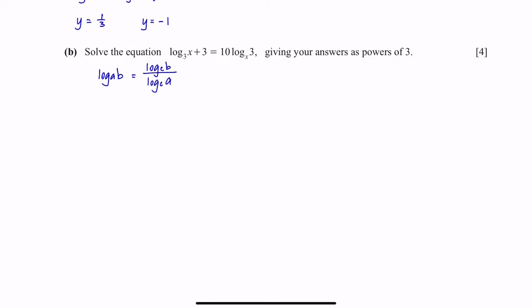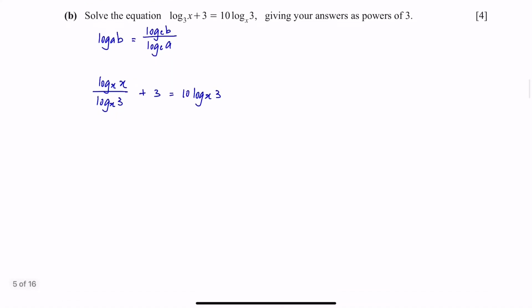Alright, so for this equation, let's change it to log base x. So we have log base x of x over log base x of 3 plus 3 equals 10 log base x of 3.